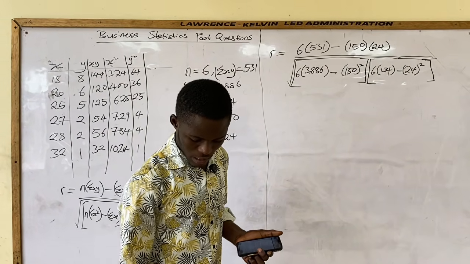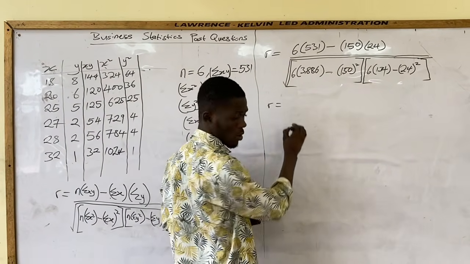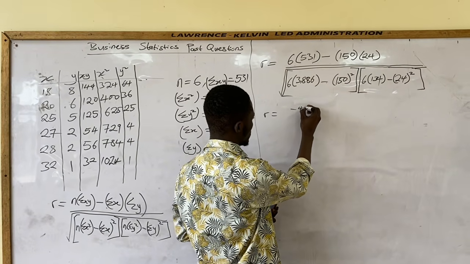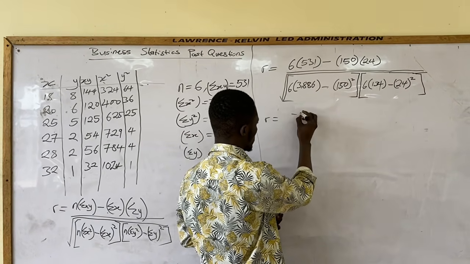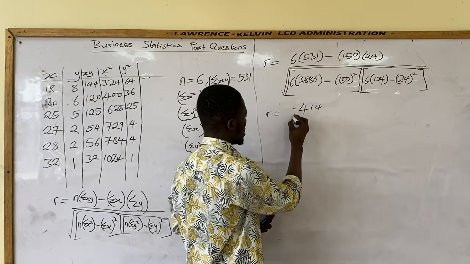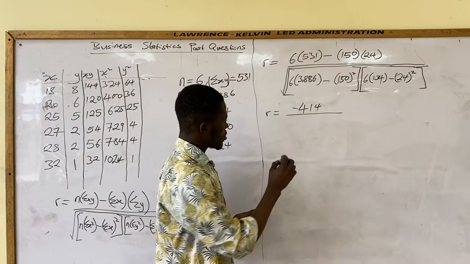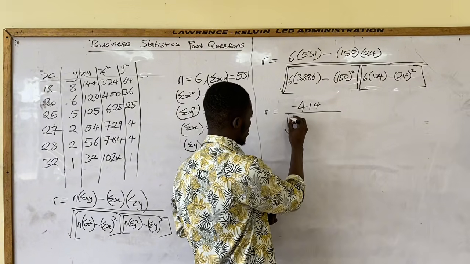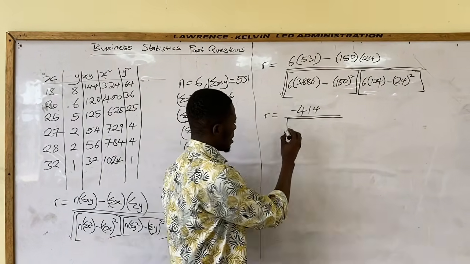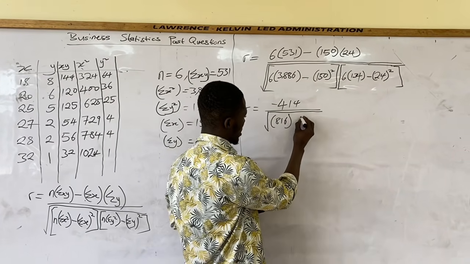If we put this in our calculator, we will get r equals minus 440 for the numerator. Let's look at the denominator too. The denominator, we will get the square root of 816 multiplied by 228.